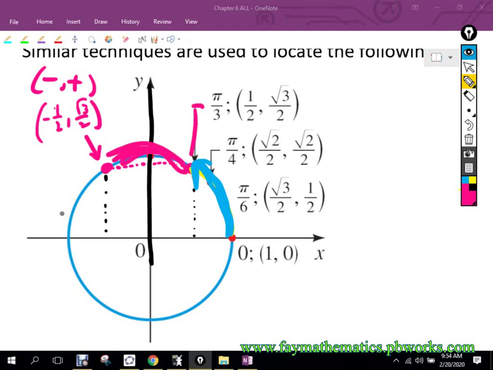Pi over 3. So pi over 3 plus pi over 3 is 2 pi over 3. Type in cosine of 2 pi over 3. Make it 1/2? Yeah. Cosine of 2 pi over 3, in radians.